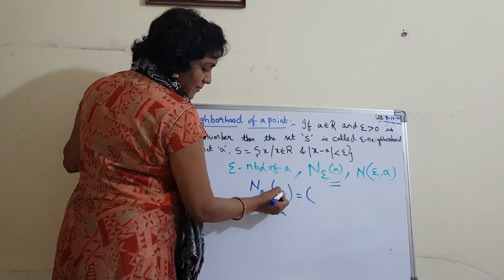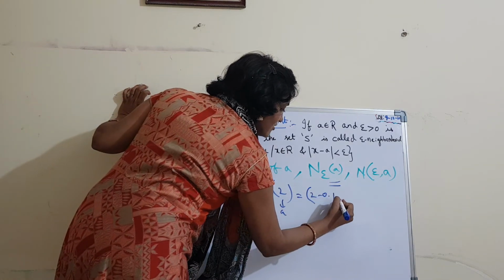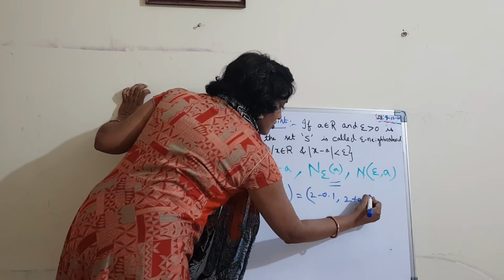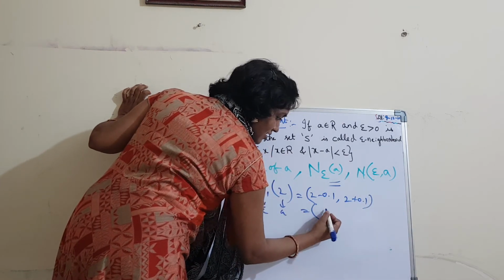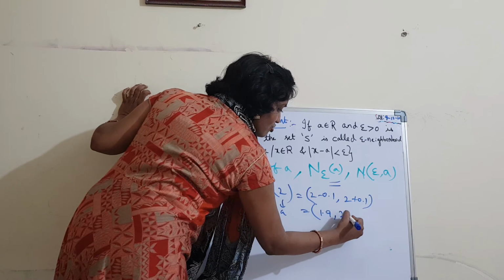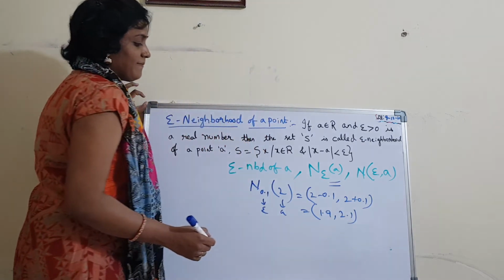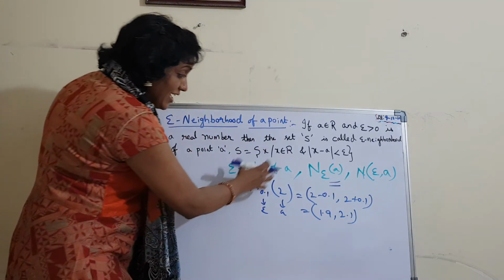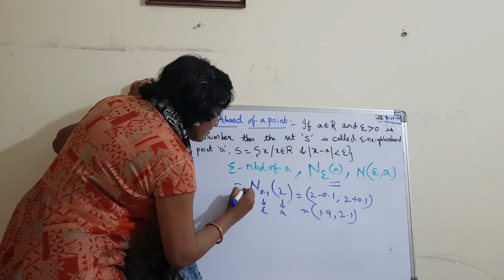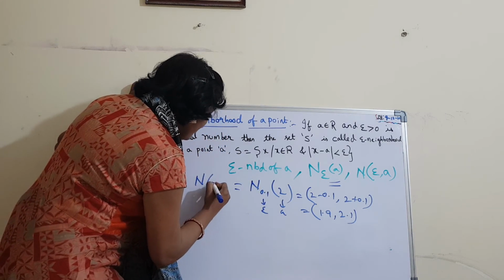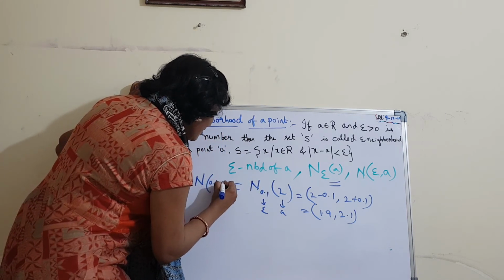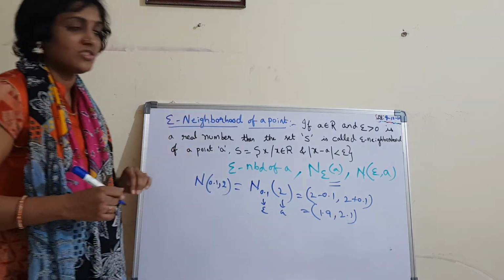Here A is 2, so 2 minus 0.1, 2 plus 0.1. We get 1.9 comma 2.1. We can also write this in the form N of 0.1 comma 2. Like this also we can denote it.